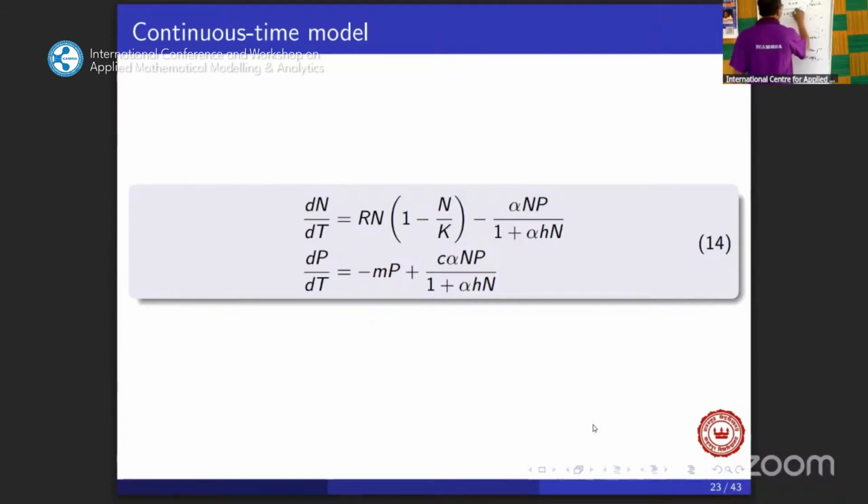Now, what is the dimension of alpha? The dimension of alpha is population inverse and time inverse. Because here the number 1 is a scalar quantity, we get dimension per time. And here we get population squared.